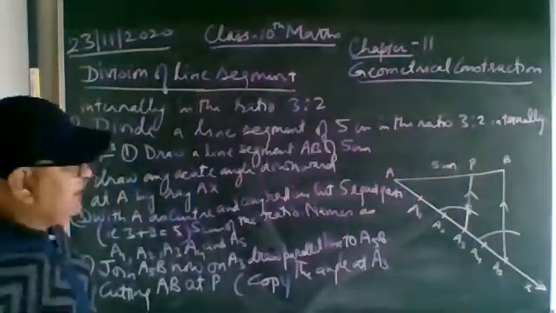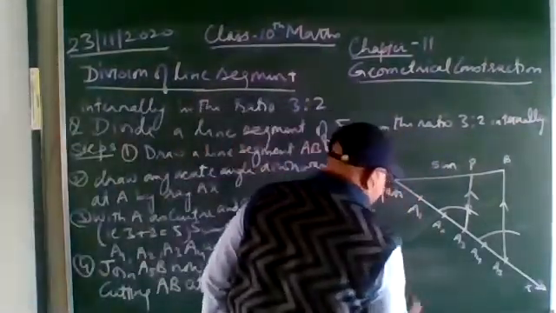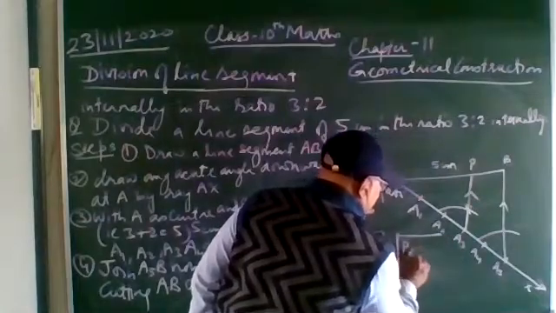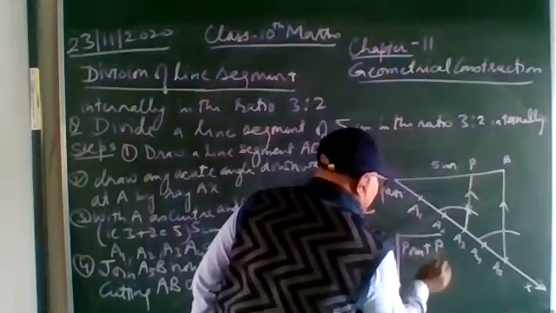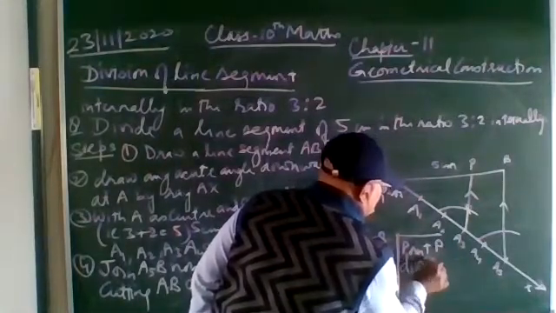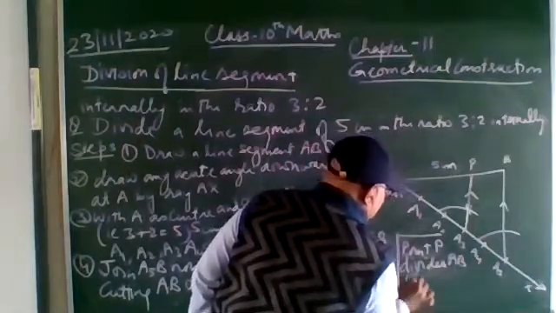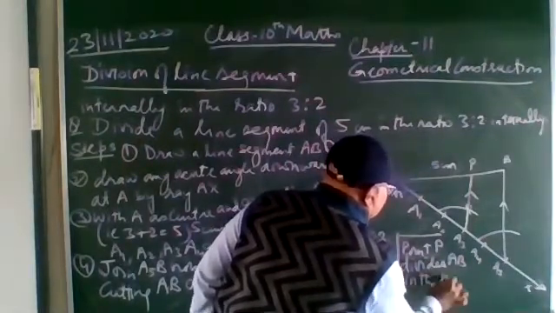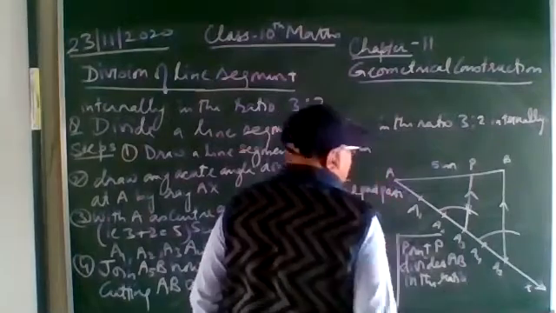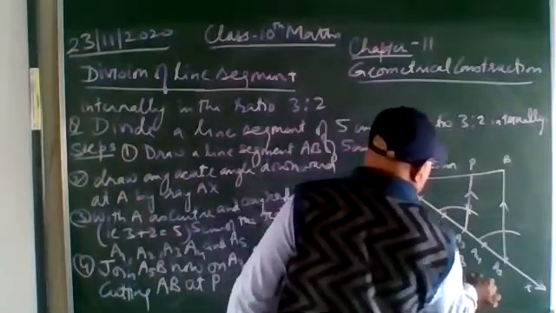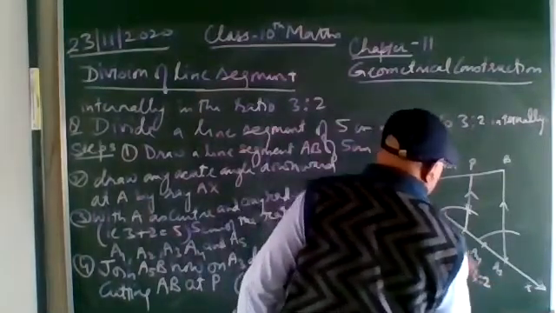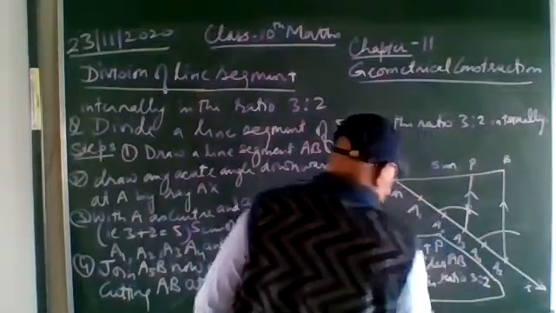After that you will say point P divides AB in the ratio 3:2.